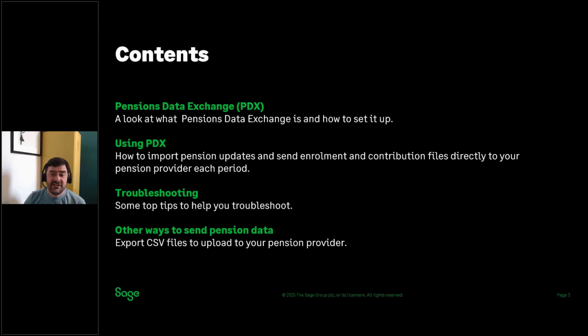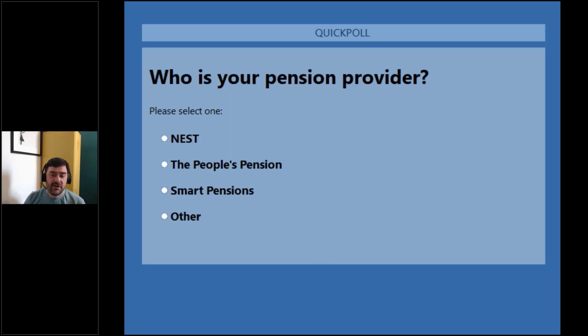But before we get into the introduction, I do have a quick poll, which I'm going to launch on screen right now. Just to give me a bit of background, if you could answer the question on screen, which is, who is your pension provider? Now, there's 4 options here. So we've got Nest, the People's Pension, Smart Pensions, or Other.